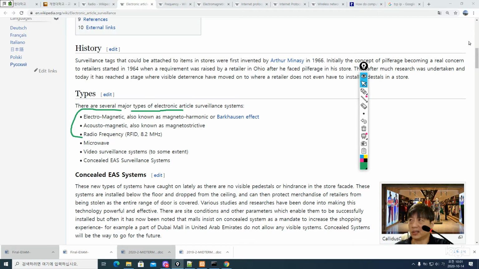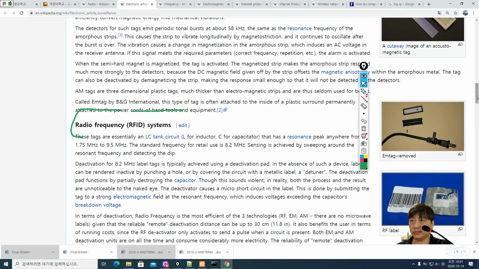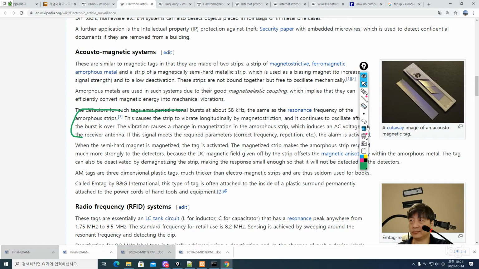So this is the kind of stuff you should pay attention to, particularly these types of tags and the frequencies they use. So like AM. If I ask a question on the AM, and something close to the AM, such as 5.58 kilohertz, that's really low, right?